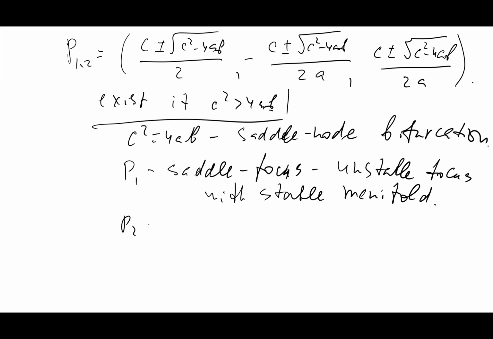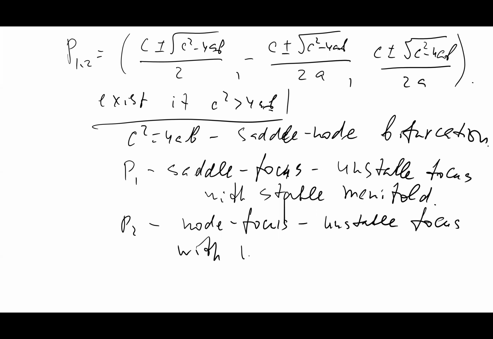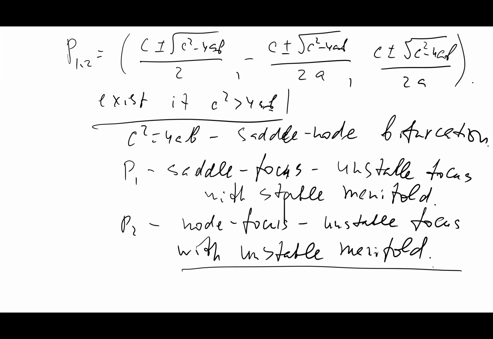And the second one is a node focus, which is an unstable focus with an unstable manifold. So this is at the time of origin, when c squared is slightly above 4ab.